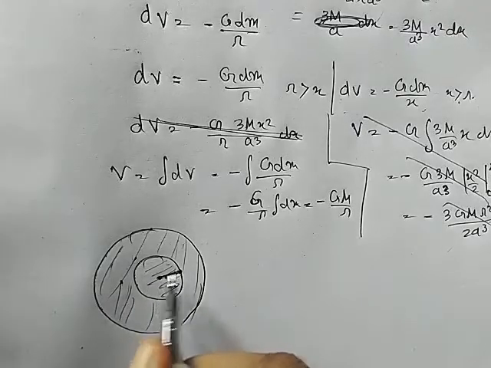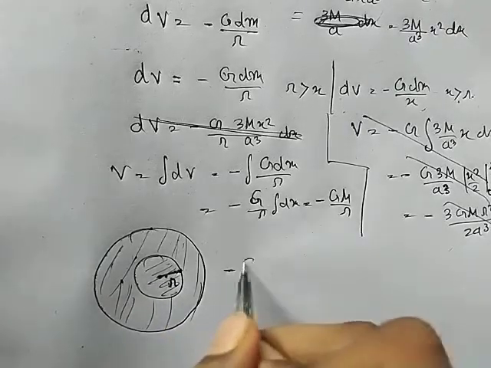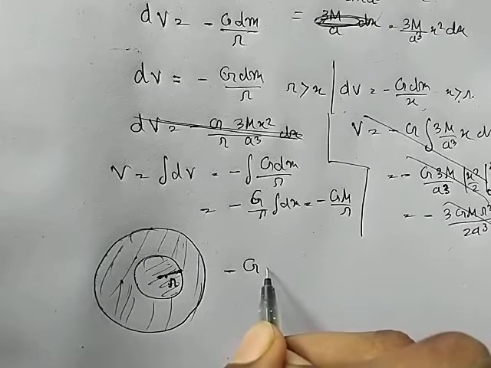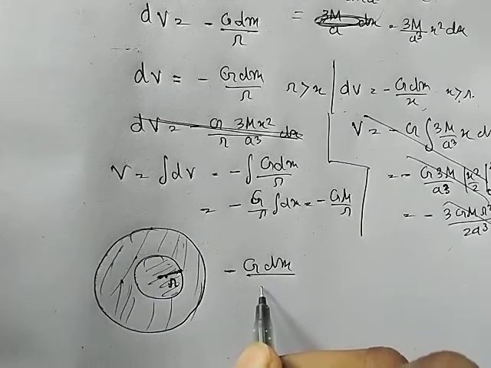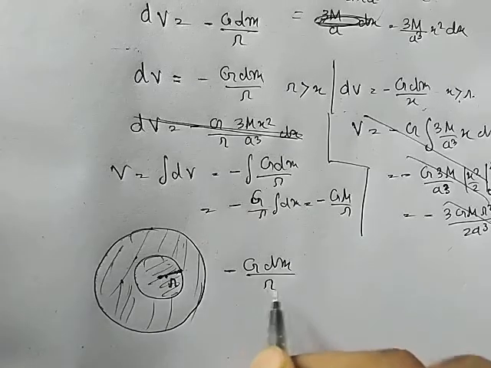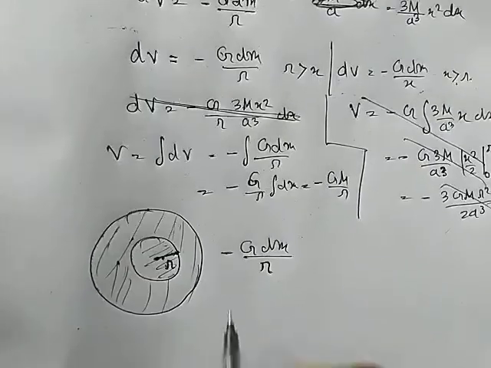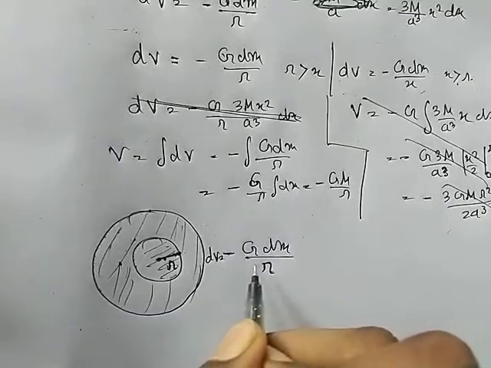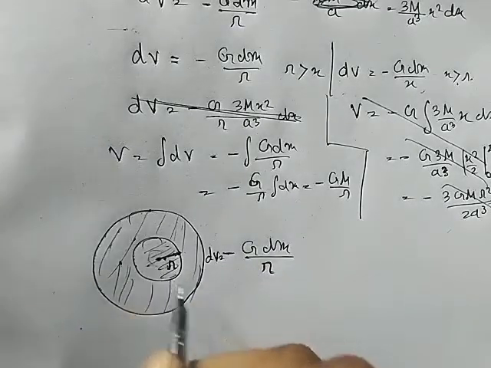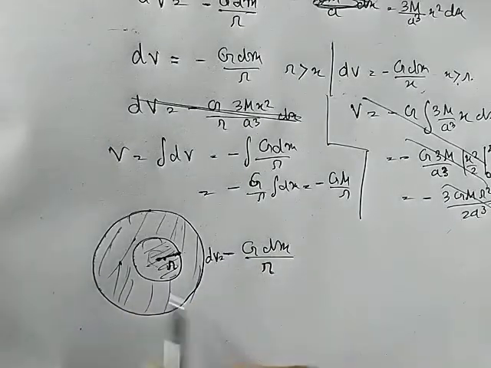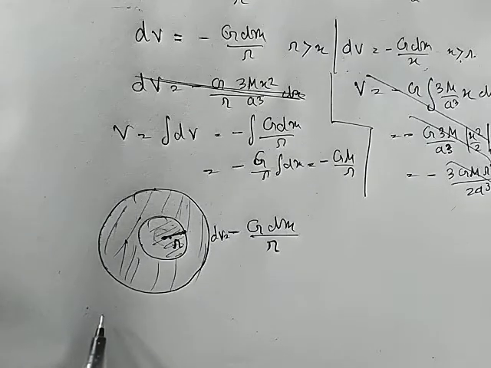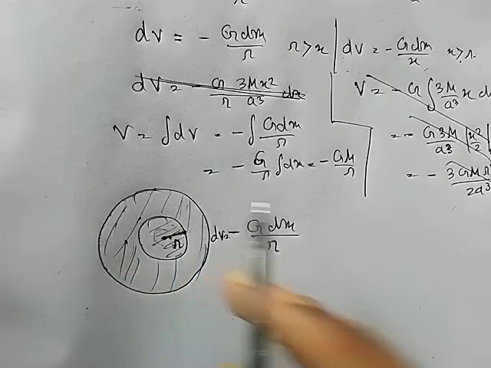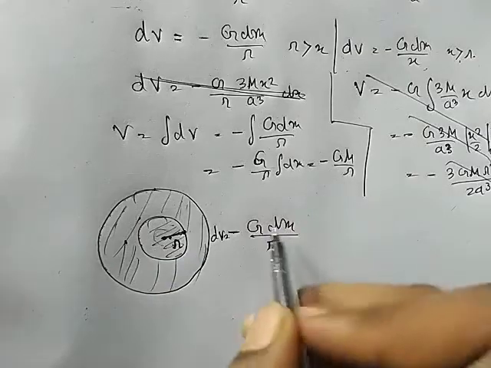Then the potential at this point becomes minus G dm by r due to the inner sphere, and we have already found it, minus GM by r.